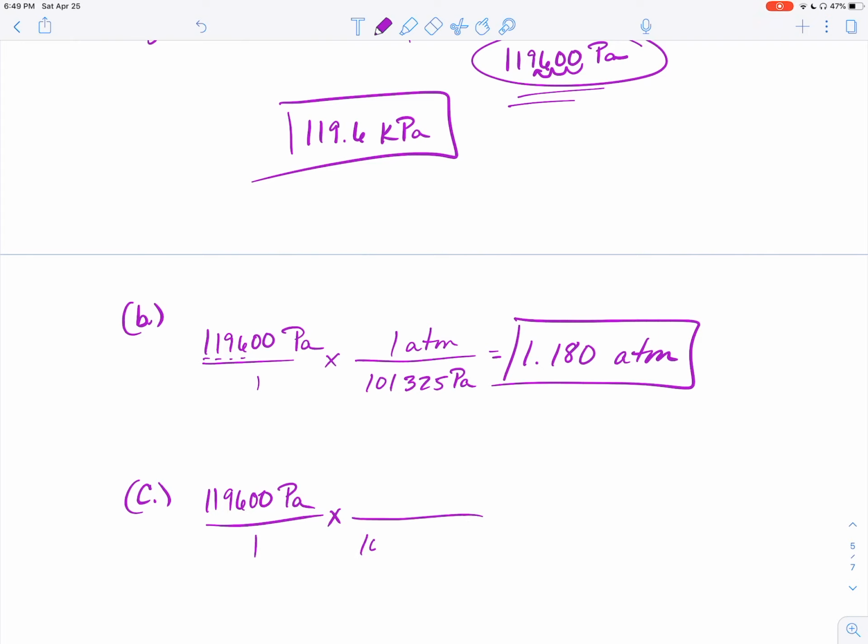And it turns out we can still use the same kind of conversion of 101,325 pascals is equal to actually 760 millimeters of mercury here.